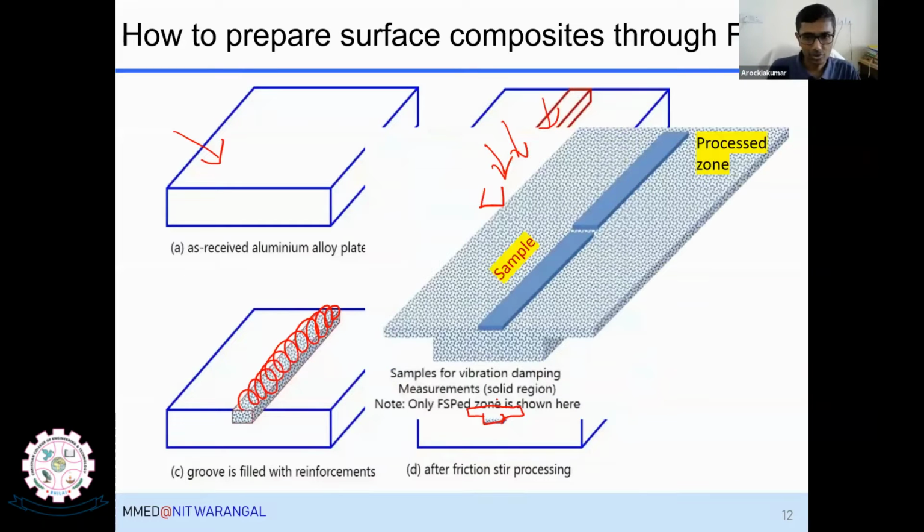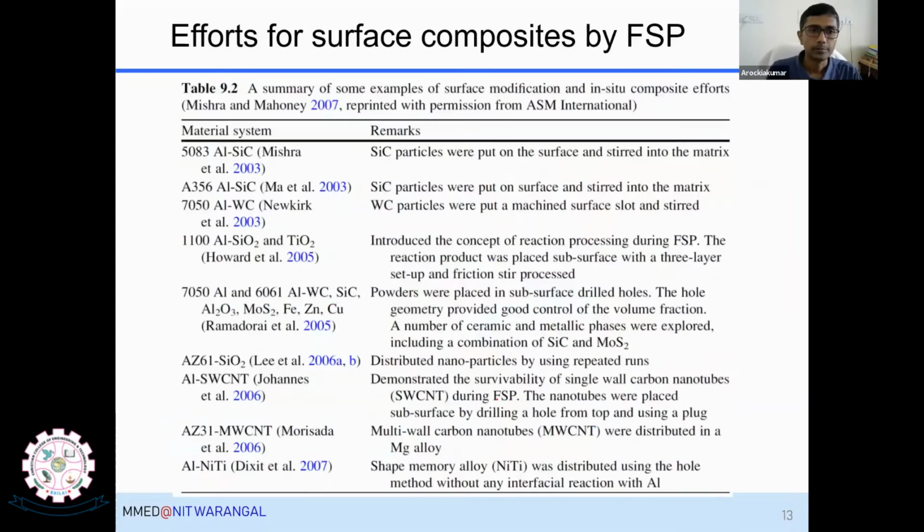You can extract samples for further characterization from this processed zone, of course through wire cut EDM, because if the zones are really narrow and small, you have to use wire cut EDM to extract samples.